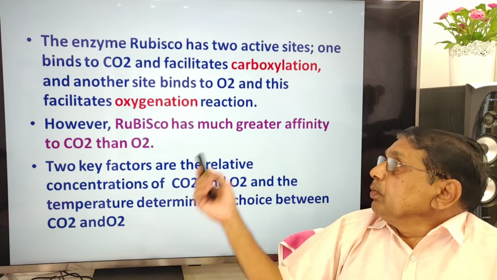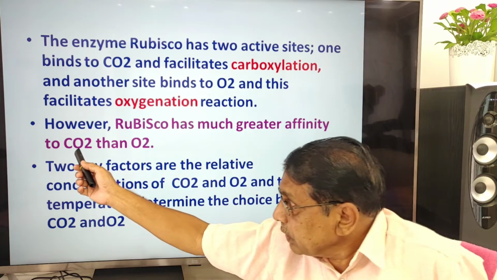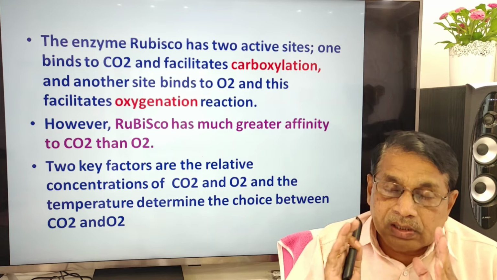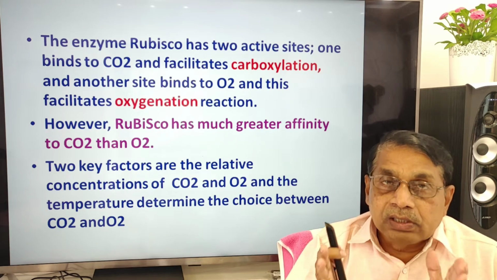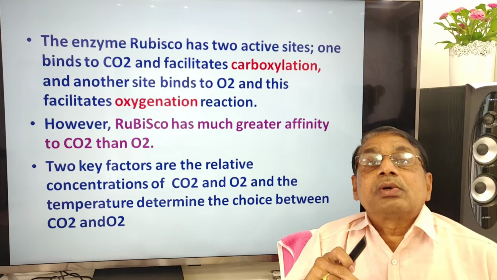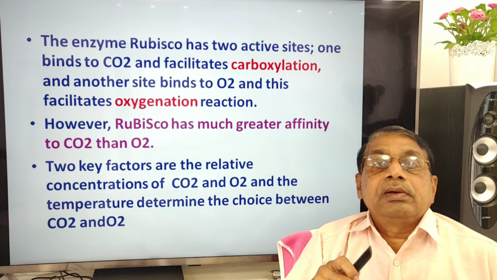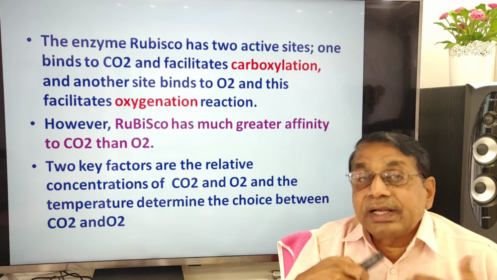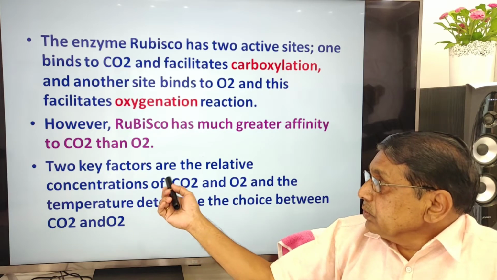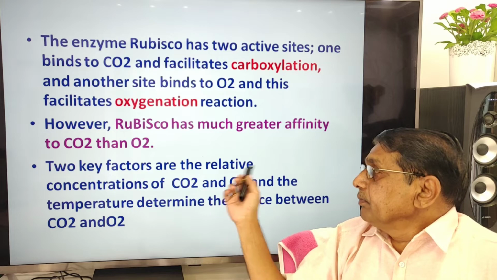However, Rubisco has a greater affinity for carbon dioxide than oxygen. Suppose carbon dioxide and oxygen are available in equal amounts; it prefers to absorb carbon dioxide. That is an advantage for photosynthesis.